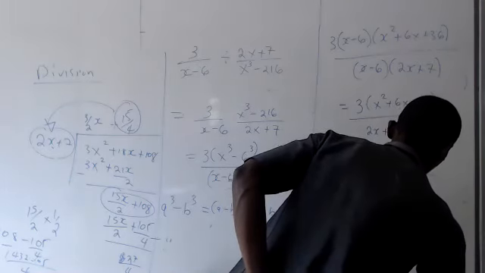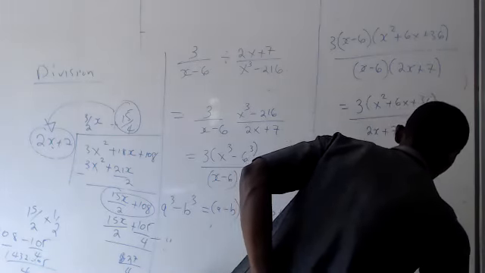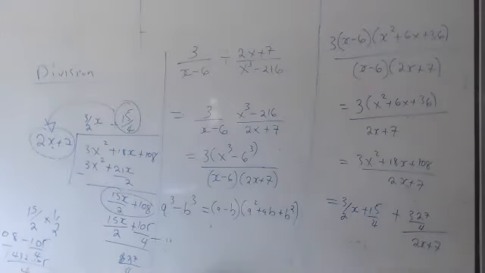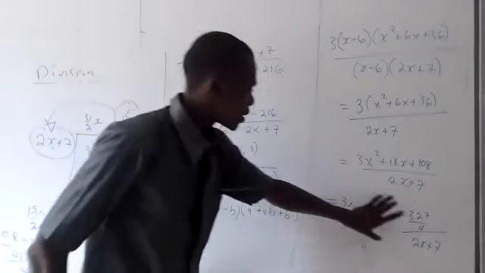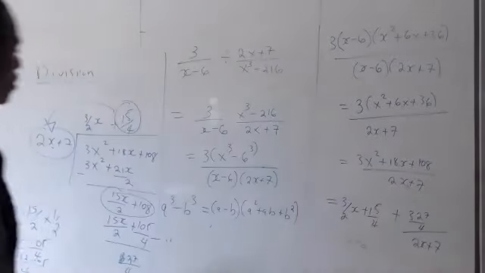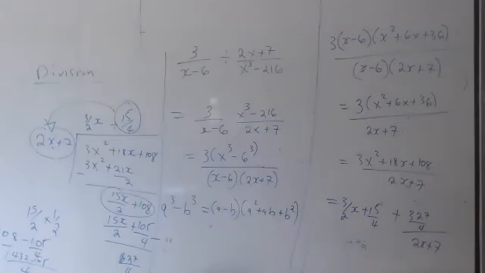All these divided by 2x plus 7. You could leave your answer at that stage, or you could divide to get that remainder. Both the two forms are accepted.